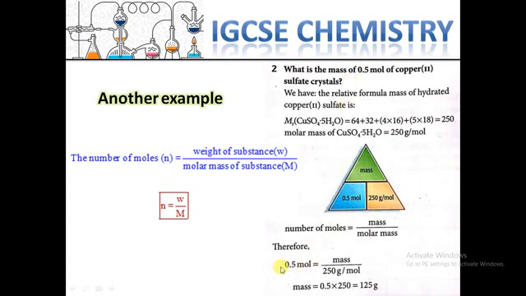The number of moles, 0.5 moles, equals mass divided by 250 gram per mole. So mass is the thing we are looking for. These two can be multiplied by each other. Okay, so 0.5 multiplied by 250, the answer is 125 gram. Okay, this is easy.